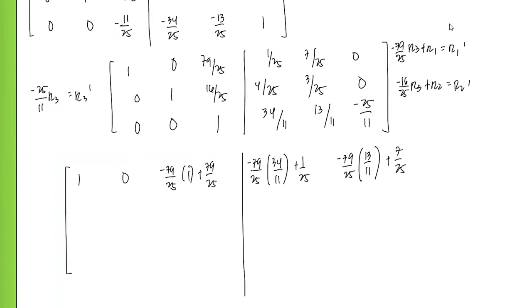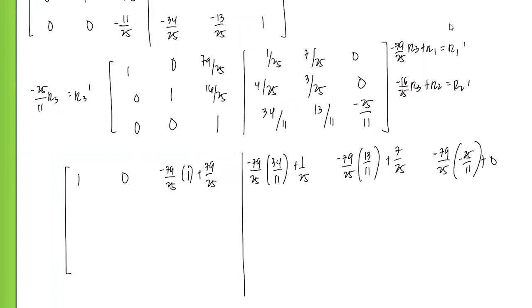Then negative 79 over 25 times negative 25 over 11 plus 0. Okay, next, 0, 1. So, gawin natin is negative 16 over 25 times 1 plus 16 over 25.